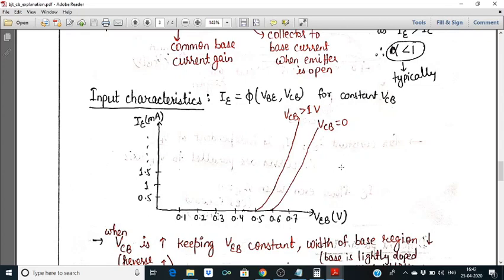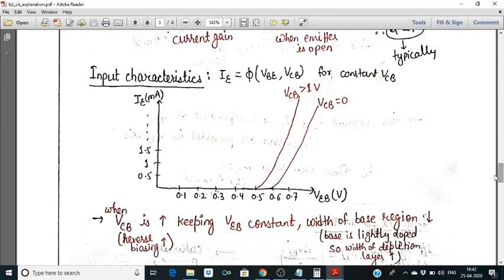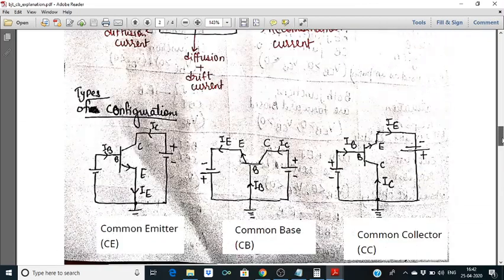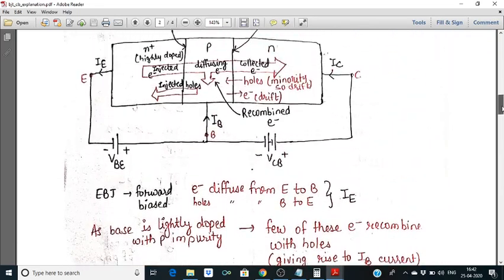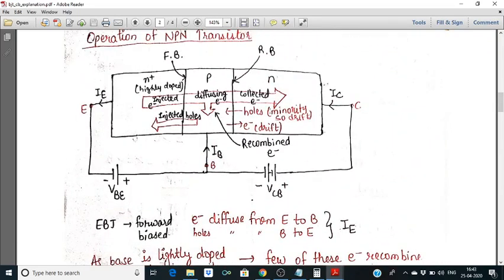Now as we can see, when we are increasing VCB, this curve is moving towards the left. That means we are getting a high value of IE at lower VEB. So why does this happen? Because as VCB increases, the reverse bias at the collector base junction increases. Therefore the depletion region in the collector base junction will increase.